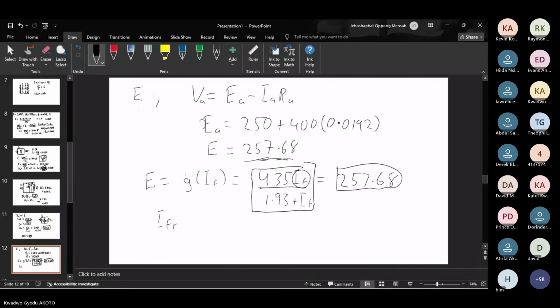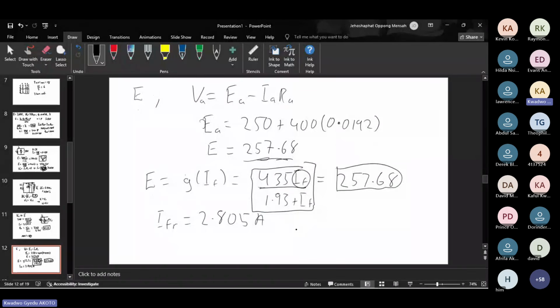So our IF that's going to give us this characteristic for our E is going to be 2.805 amps, right?